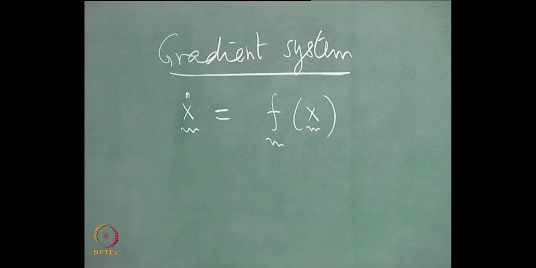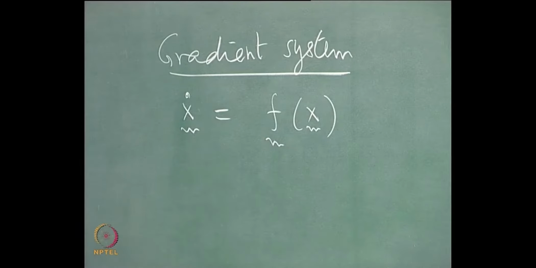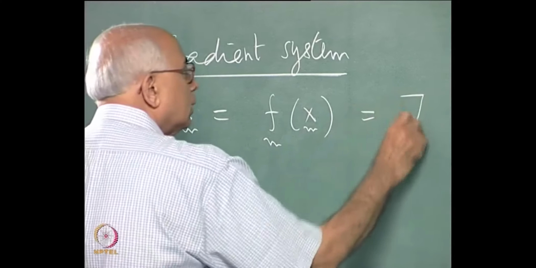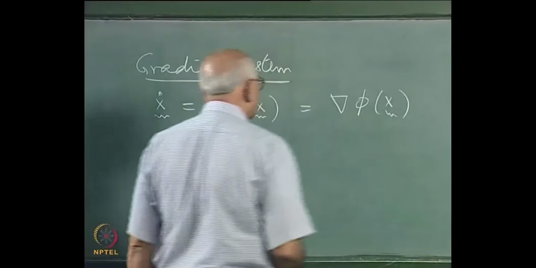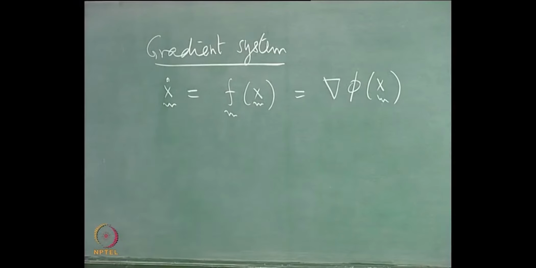Therefore, to specify the dynamical system you have to specify a vector field at every point in some region of phase space. A gradient system is one where this vector field has a very special form. If this vector field is of the form the gradient of some scalar function phi of the variables x, I call this a gradient system.